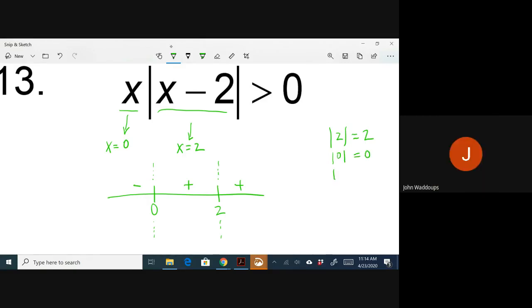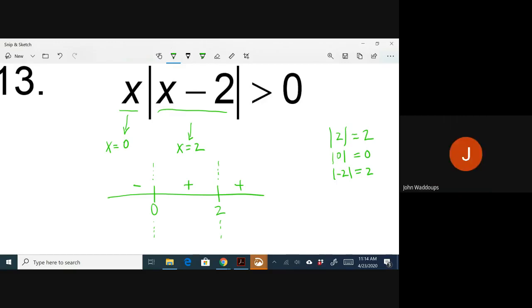What's the absolute value of negative 2? It would also be 2. The definition of absolute value is the distance of the number from 0 on a number line. So negative 2 is 2 units away from 0, and so distance is always positive. Or at least non-negative, because the absolute value of 0 is 0, so that's not positive or negative, but it's not negative. So absolute value is always non-negative.